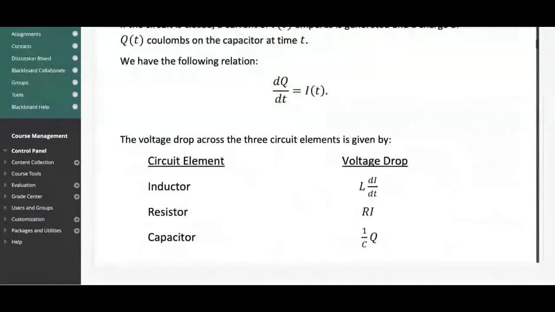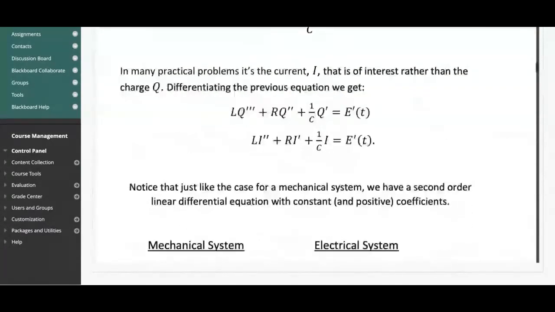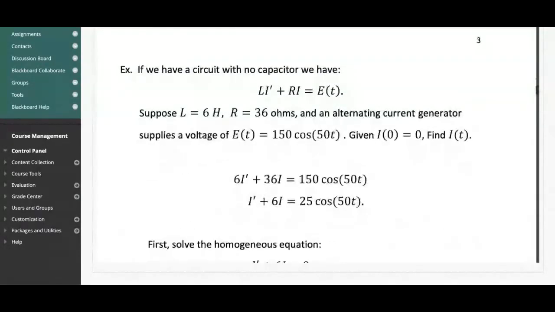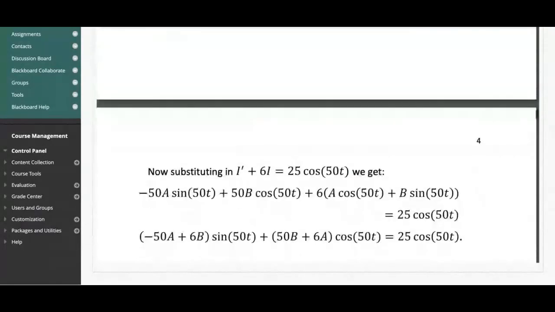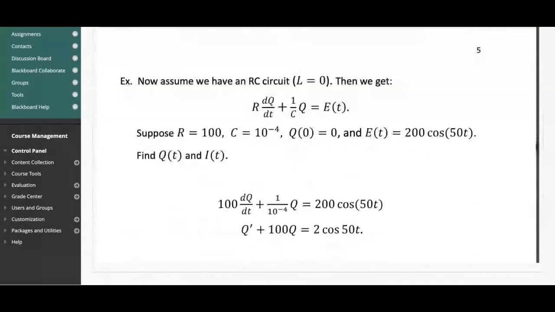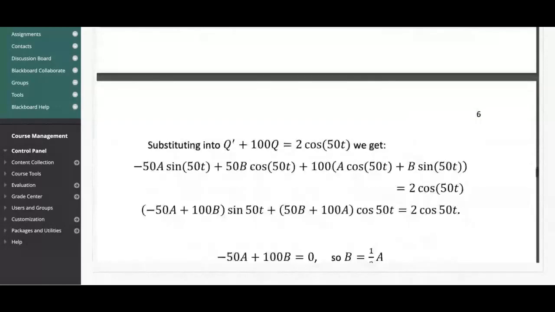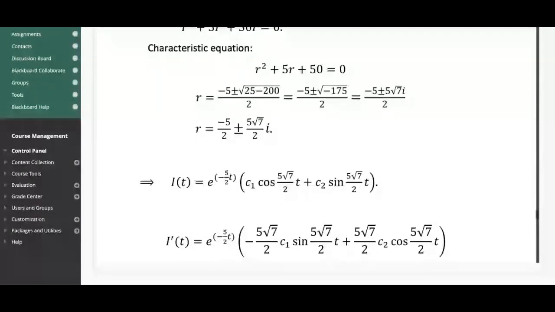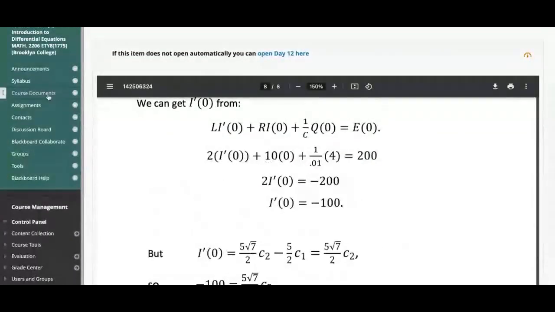Let's see. Applications. Just some example of applications. You know what? I may want to skip that. Hold on one second. Let me check 12.